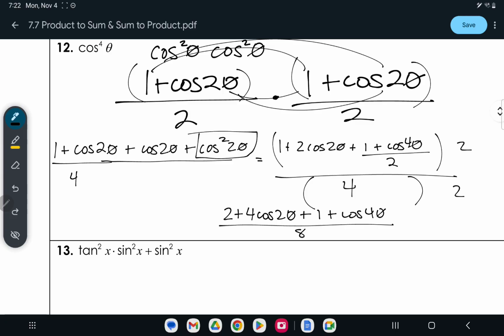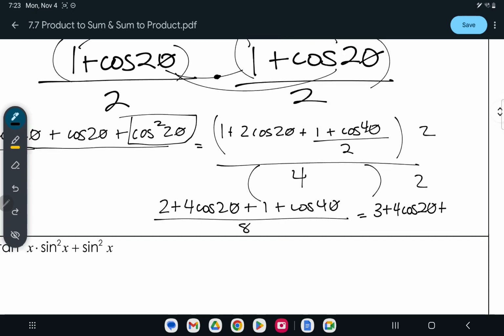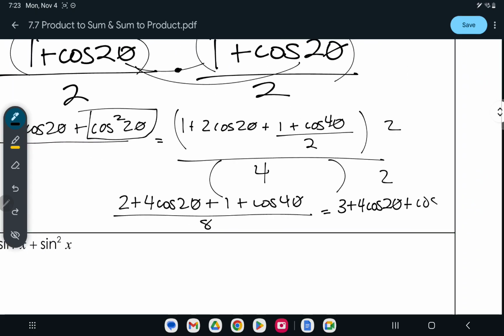And I can combine some like terms here. So just the 2 plus 1. So 3 plus 4 cosine 2 theta plus cosine 4 theta all over 8. And I could split it up if I wanted to. So 3/8 plus 4/8 is just 1/2.